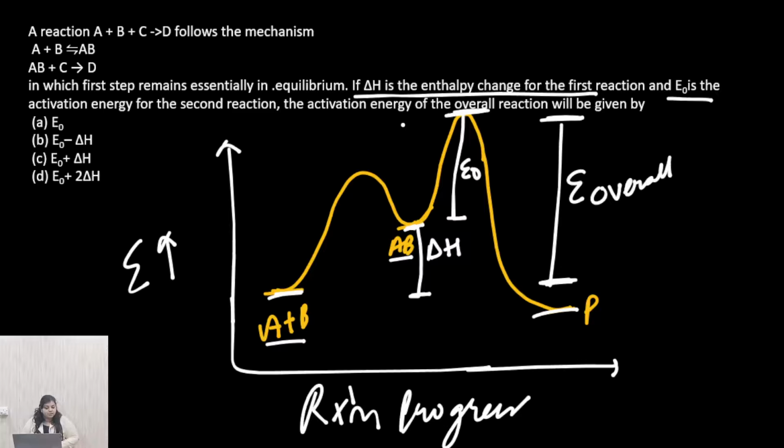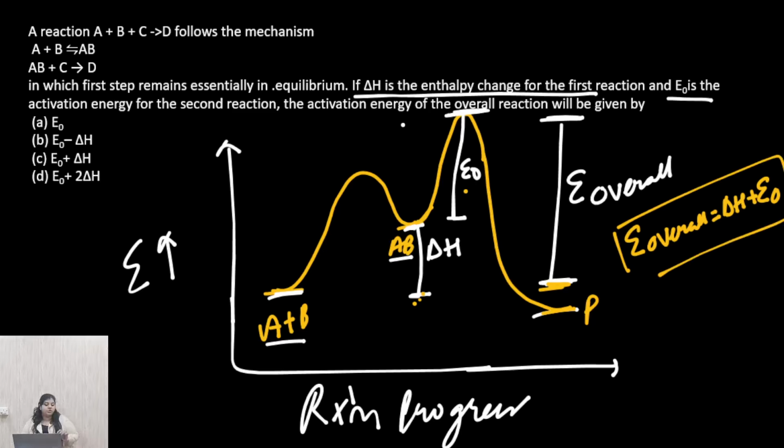It is the sum of this enthalpy value and the activation energy, that is delta H plus E naught. So this is the overall activation energy for the given process. So the correct answer is option C in this case, right?